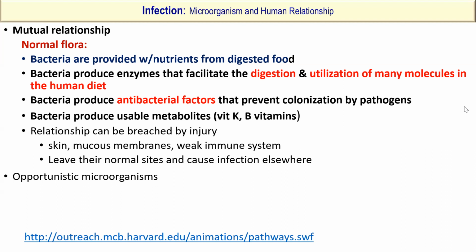The normal flora are bacteria that are provided with nutrients from digested food. This slide provides all the details about the normal flora and their functions, and the mutual relationship between the normal flora and our body.